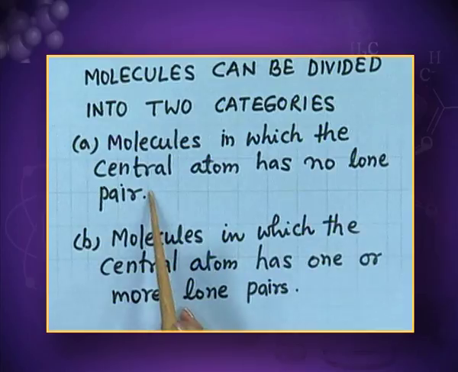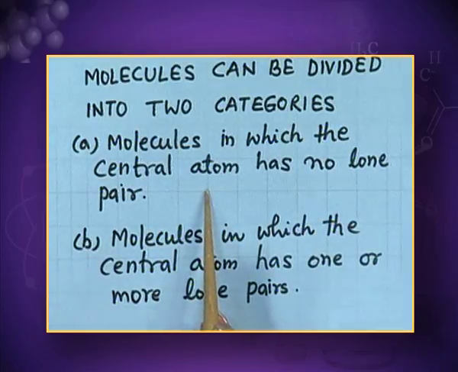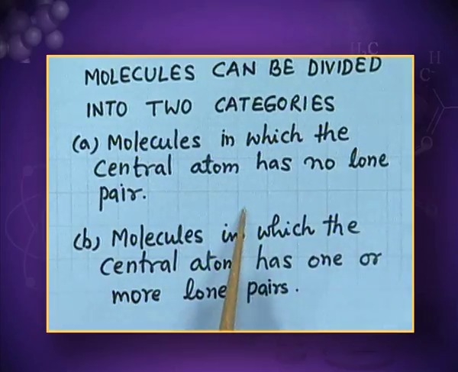The central atom which has no lone pair will have the ideal shape, but in all those molecules in which lone pairs are present, there will definitely be lone pair repulsion or lone pair-bond pair repulsion, and due to these repulsions there will be distortions in the shape and a change in the bond angle. Now, I am explaining the VSEPR theory via various examples.